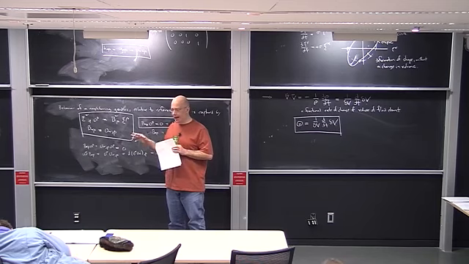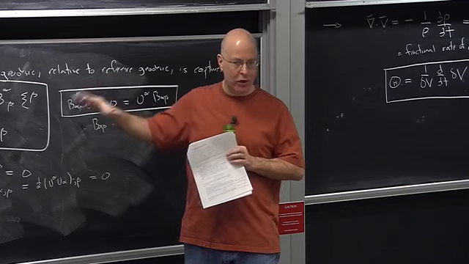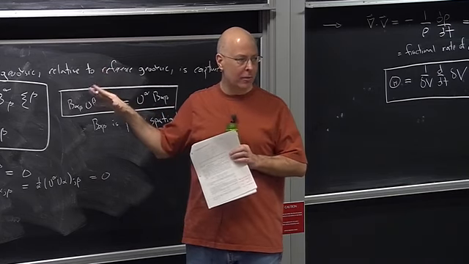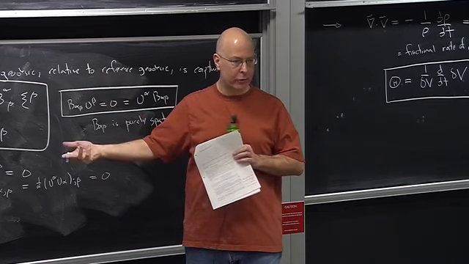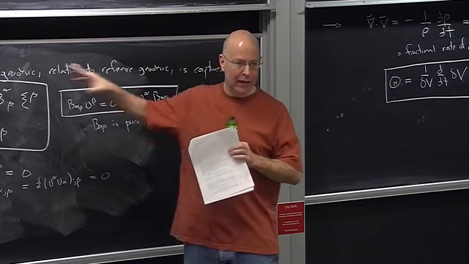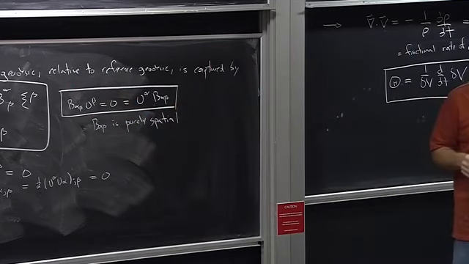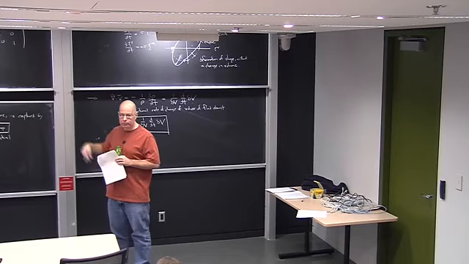Although I should point out that at some point we're going to be doing this for the null case. For the null case, it turns out to be very useful for many applications to have a non-affine parameterization, and for those cases we'll have to come back to that issue when we deal with the null case. We could deal with this issue right here, but I didn't think it was important to do it here. But yeah, it's a good point.